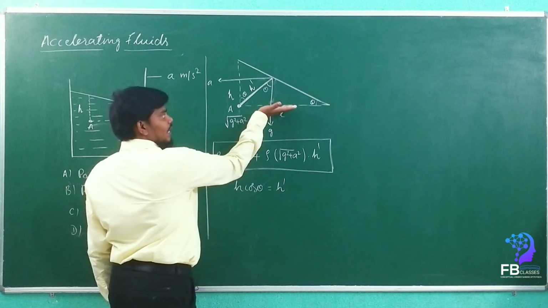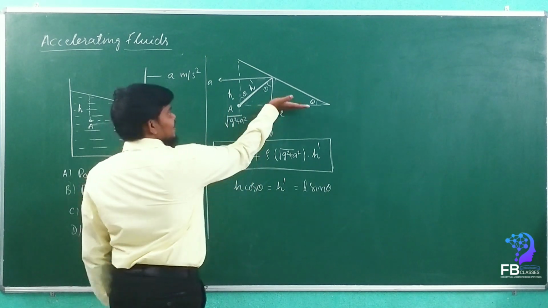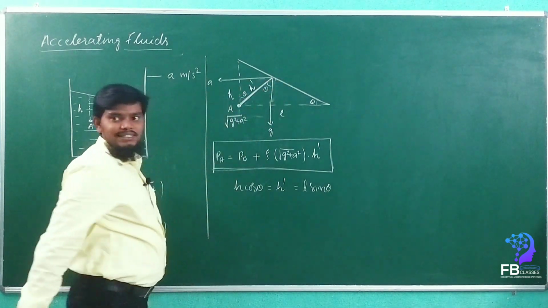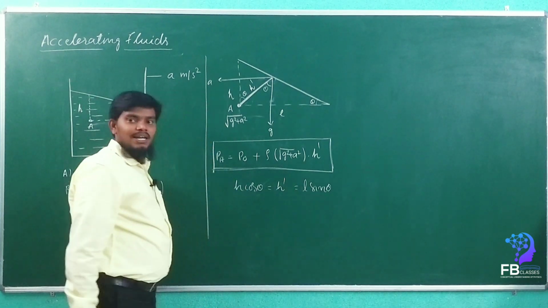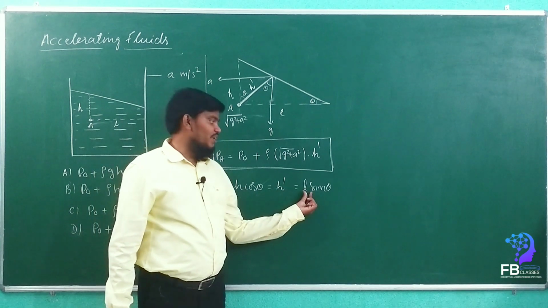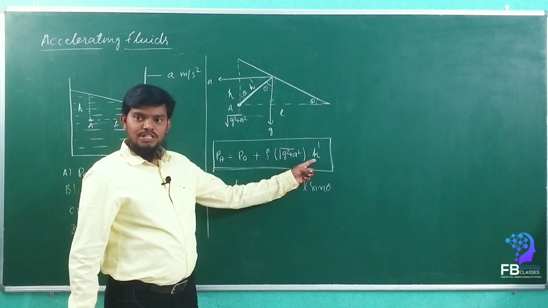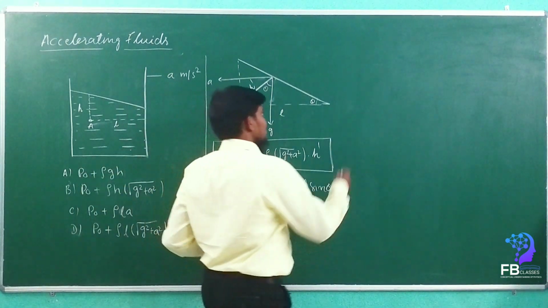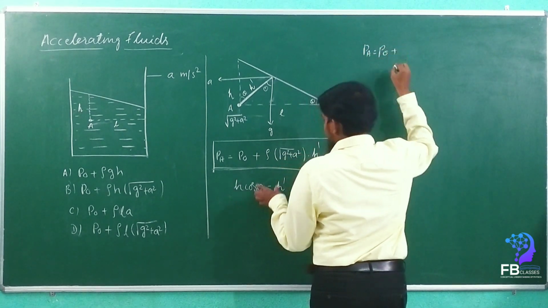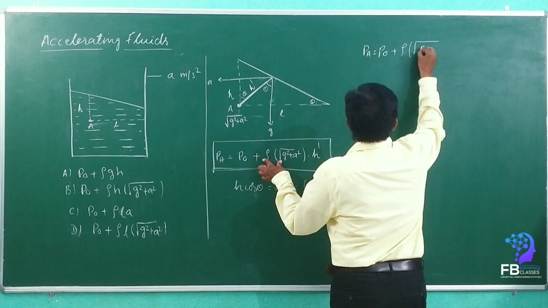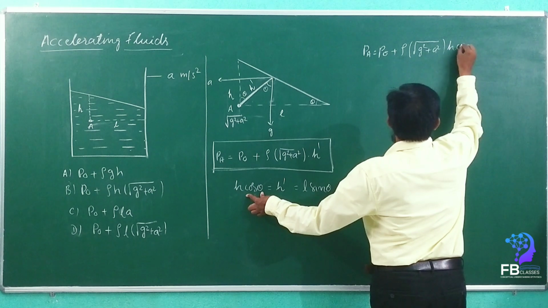In terms of L, h dash is equal to L sin theta. So h dash in terms of L is L sin theta, in terms of h is h cos theta. We have to substitute the h dash value. First in terms of h, PA is equal to P naught plus rho root of g square plus a square into h cos theta.